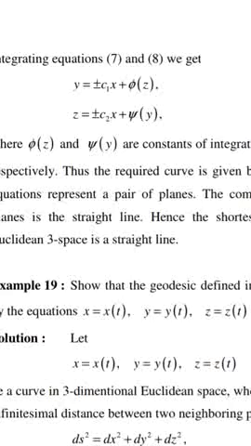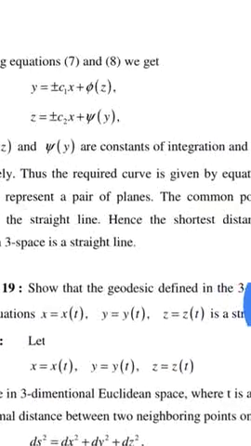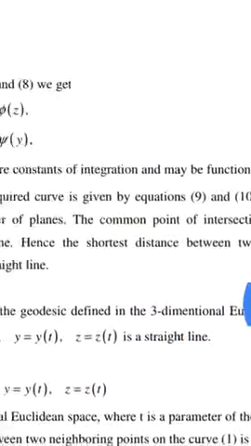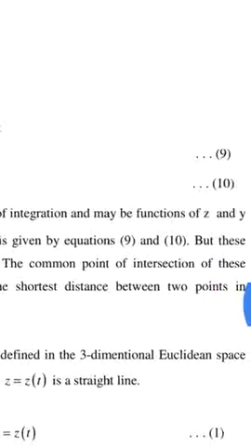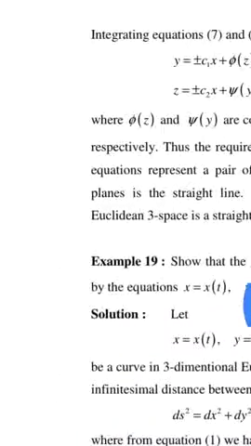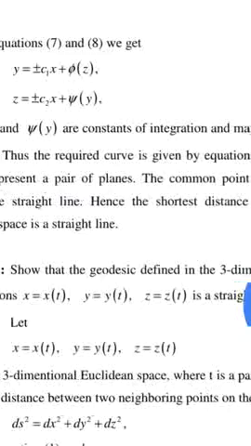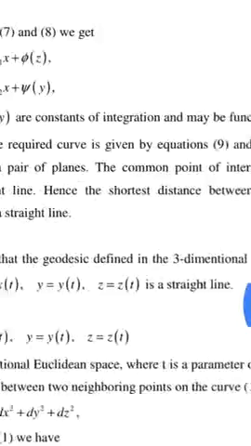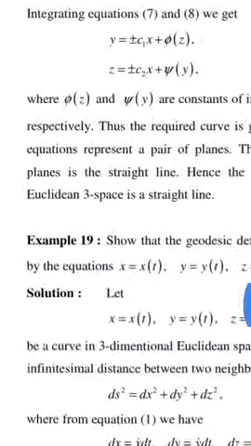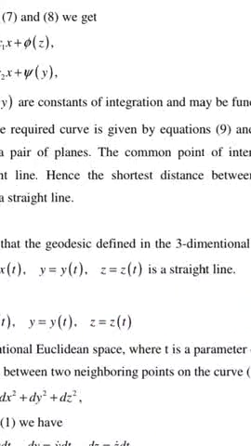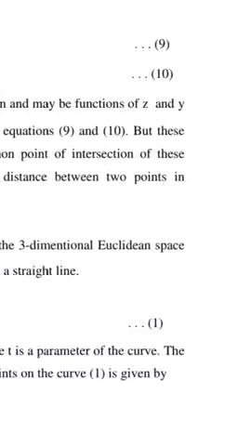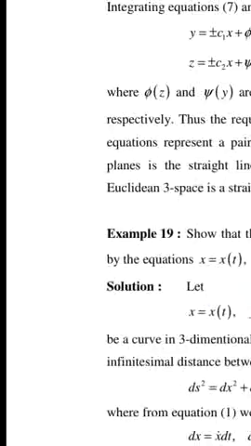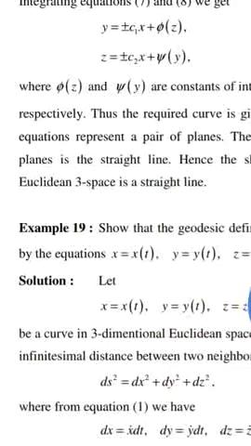Thus, the required curve is given by these equations, but these equations represent a pair of planes. The common intersection of these planes is a straight line. Hence, the shortest distance between two points in a Euclidean three-space is a straight line.